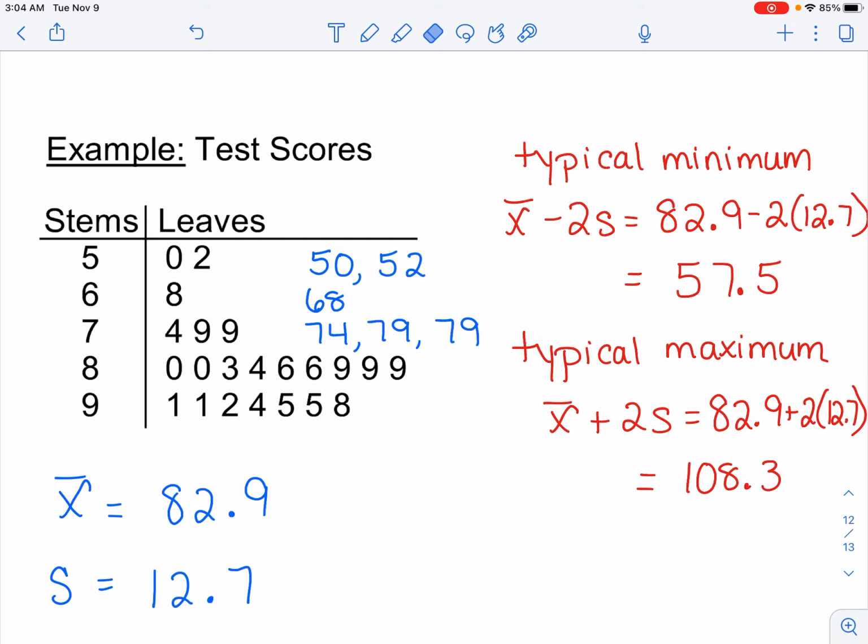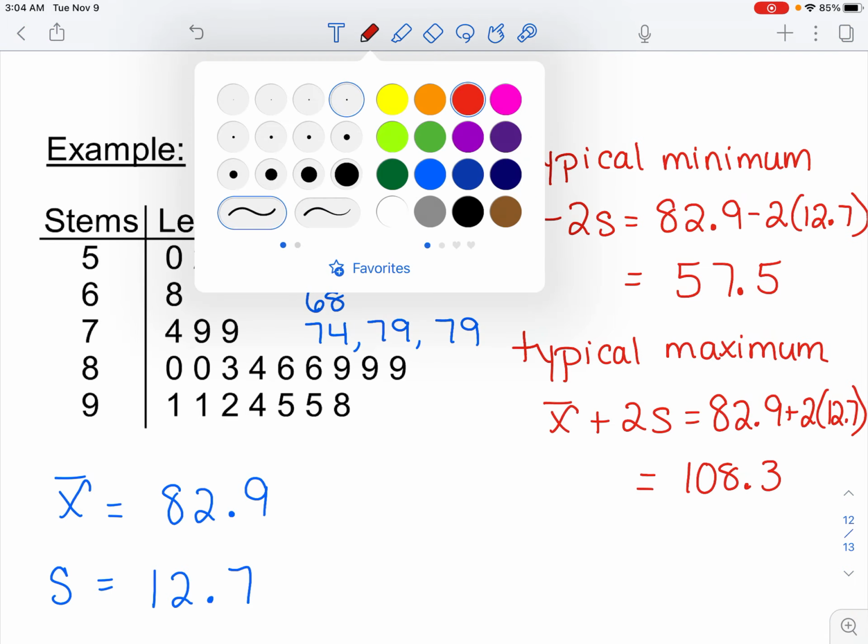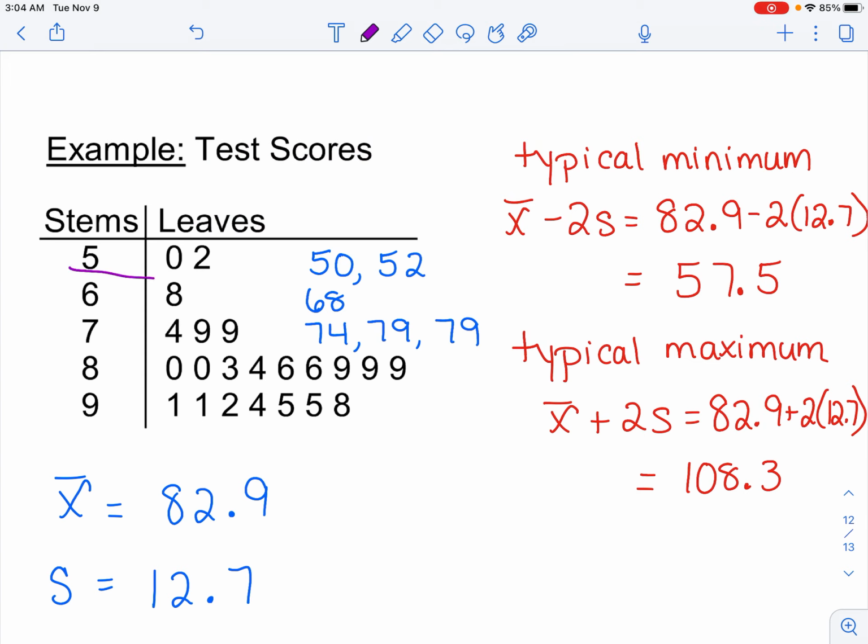So looking at my data values, I do have some outliers here. When I take a look at this, the 50 and the 52, those are unusually low because they are below the 57.5. Okay, so there are two unusually low data values. The 50 and the 52 are unusually low.